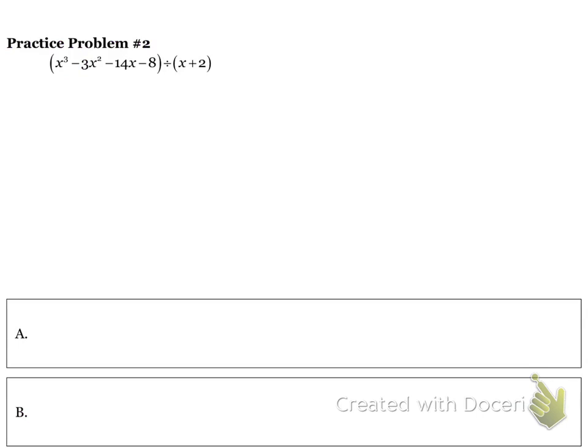Okay, so in this next problem, I'm going to take the coefficients of my dividend, which are 1, -3, -14, and -8. And since we're dividing by x plus 2, we have the solution of -2 on the outside.